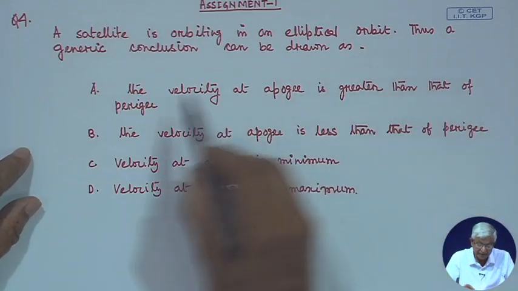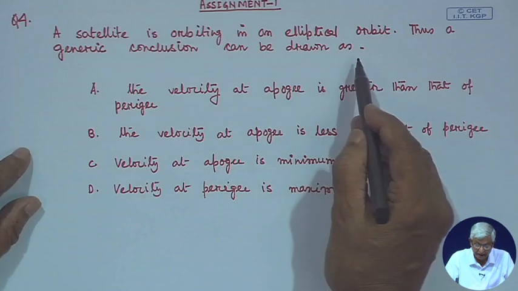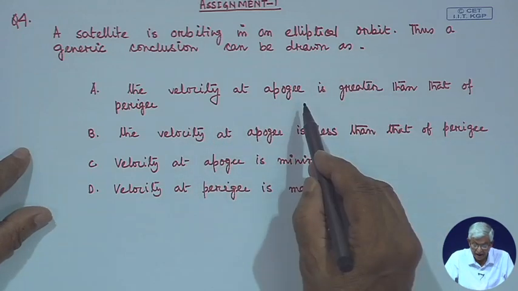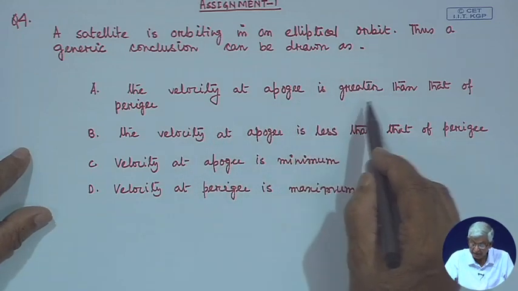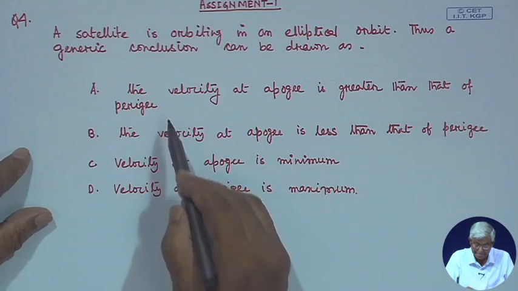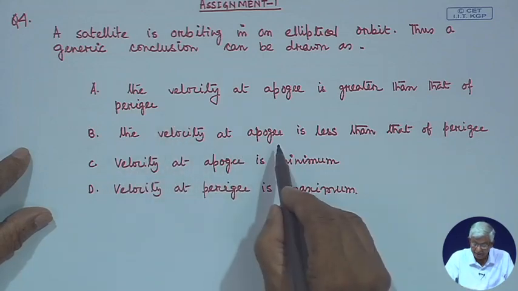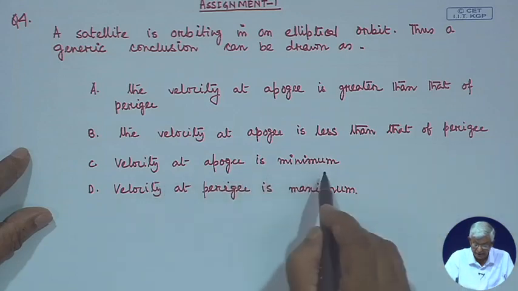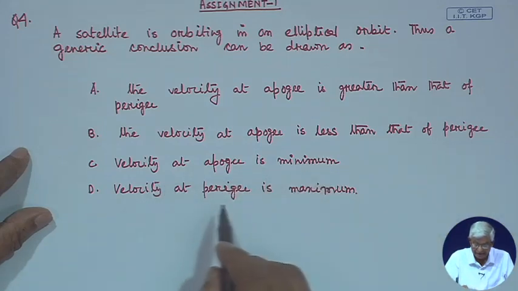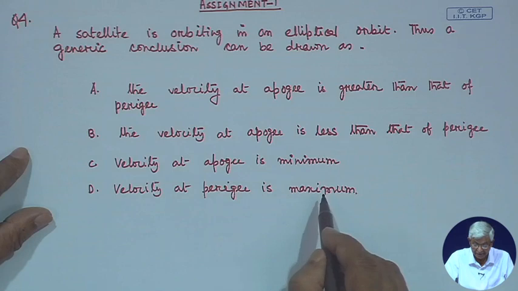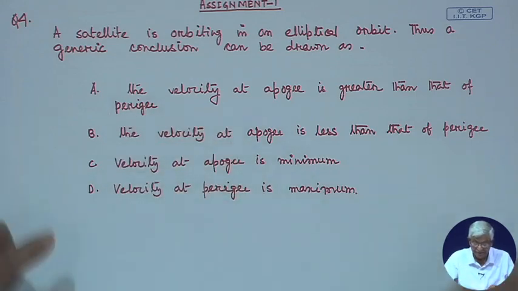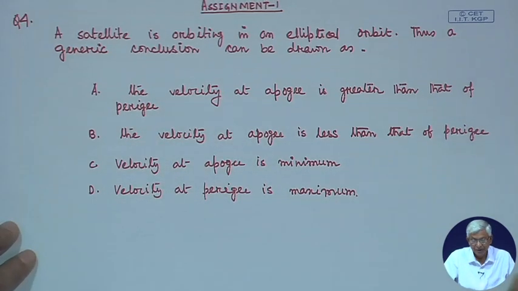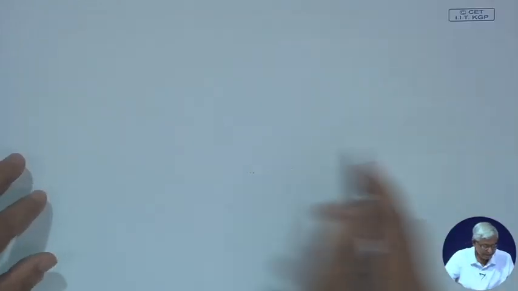Thus, a generic conclusion can be drawn as: the velocity at apogee is greater than that at perigee; the velocity at apogee is less than that at perigee; the velocity at apogee is minimum; the velocity at apogee is maximum. So, these are 4 different options. I hope you know the answer, but let me try to explain.